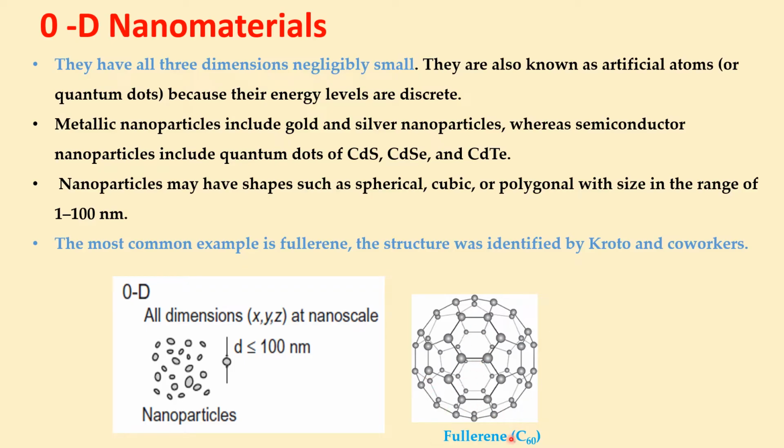Fullerene is one of the carbon nanomaterials, and the shape is like a soccer ball. So carbon atoms are arranged like this, and these are also nanoparticles. So these all are zero dimension nanomaterials.